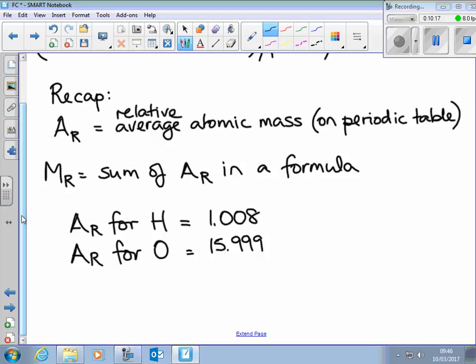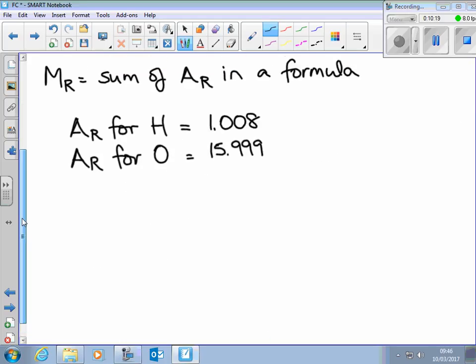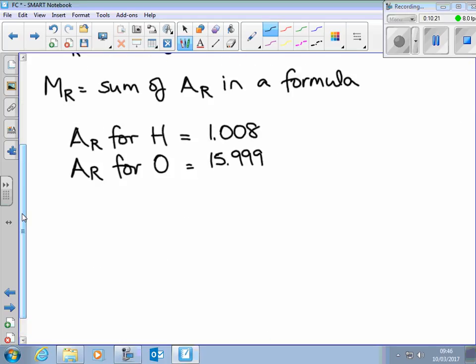Okay. Now, it's not terribly difficult to take this step, I hope. The formula mass for hydrogen as a gas, a molecule of hydrogen, if you like, what do we think the formula mass is for H2?